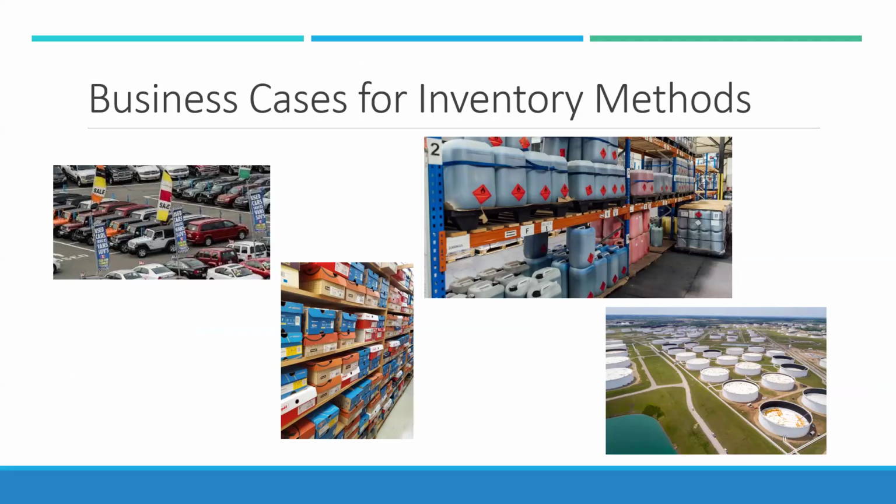So clothing companies a lot of times will use first in, first out because they're always getting rid of last season's merchandise, or produce companies, right? What's in ending inventory is assumed to be what's most recently purchased. So it makes sense to have the most recent purchases on the balance sheet and use the oldest purchases as the cost of goods sold.